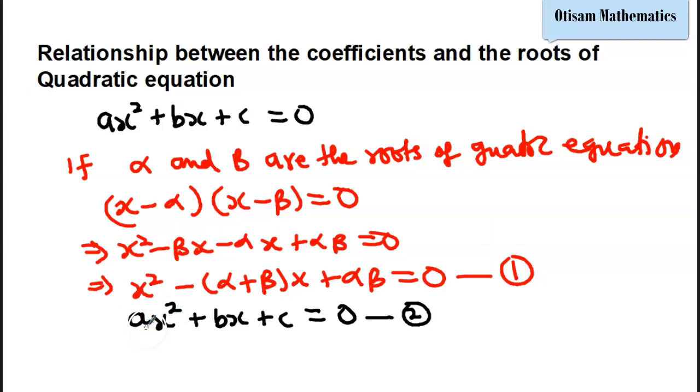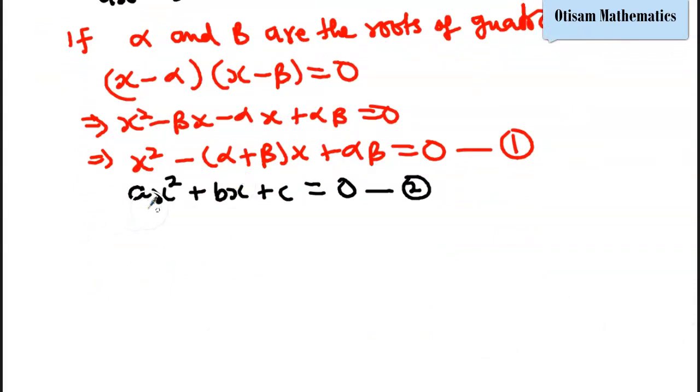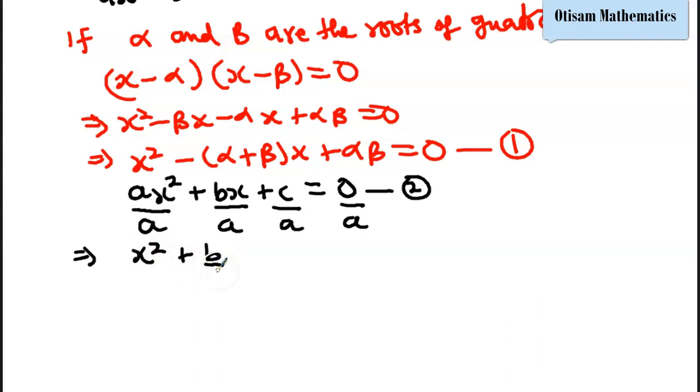So we need to divide through by a so that we can compare. Dividing each term of the standard equation by a, we have x squared plus b on a x plus c on a is equal to 0. So we can now compare the two.